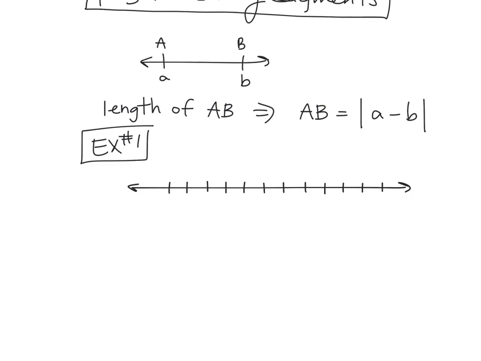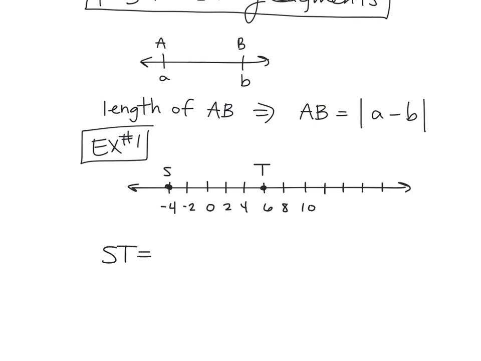Okay, and we're going to start at -4 with point S. And then we're counting by 2's here, -2, 0, 2, 4, 6, 8, 10, so on and so forth. We're going to stop there. So if I give you point S is at -4, and then I tell you point T is at 6, and I say, what is the length of ST?